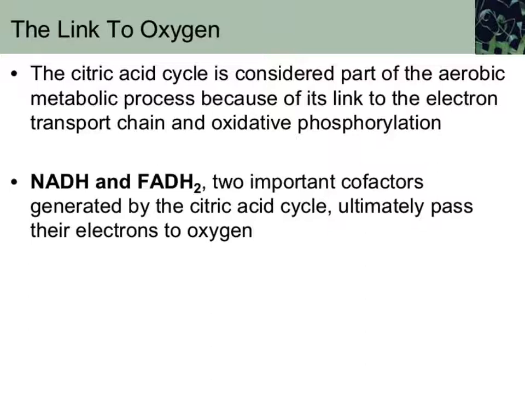It produces these mediators, our redox mediators, FADH2 and NADH, and those then get used in a situation where they can react with oxygen. So the citric acid cycle is not necessarily the aerobic part. They generate those electron carriers. The electron carriers are what react with oxygen.